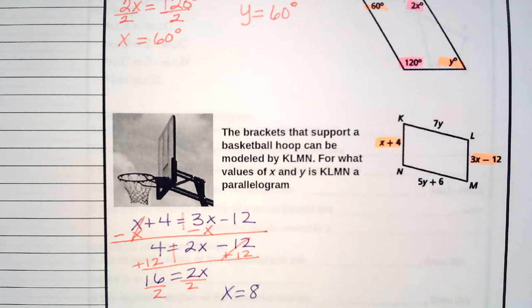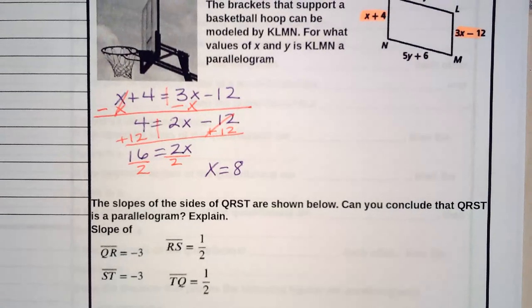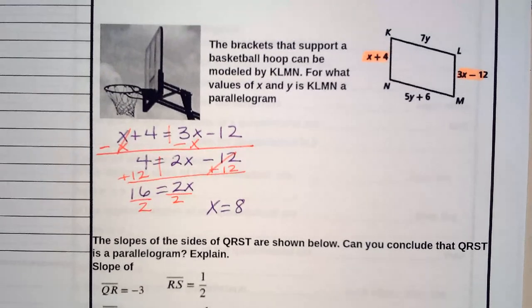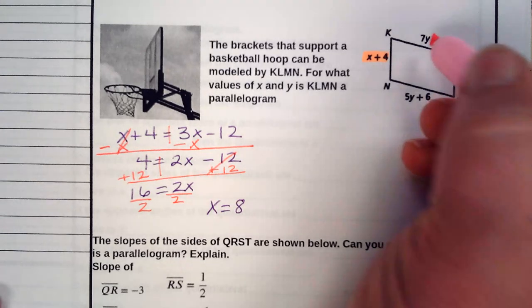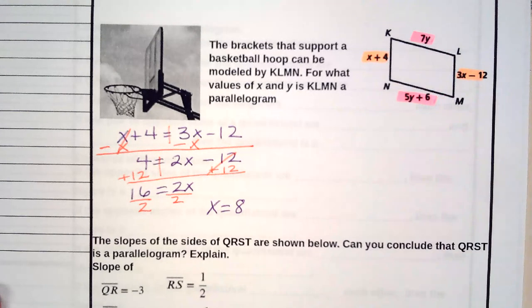On the first one, x and y were the same number. Do you think it's going to happen again? We'll see if they're that talented with their problems. So looking at the other problems, I'm going to look at 7y is equal to 5y plus 6.